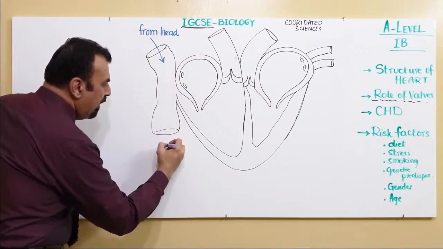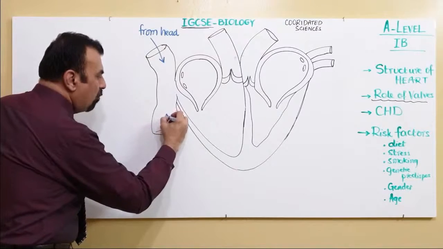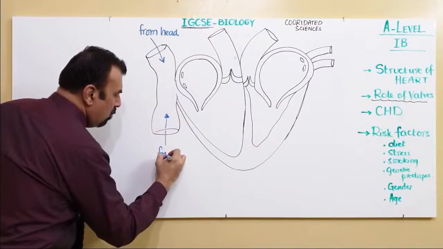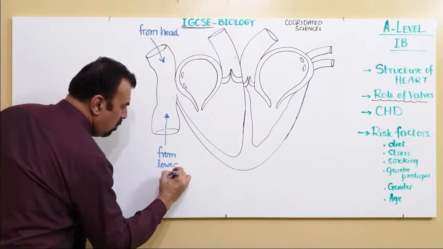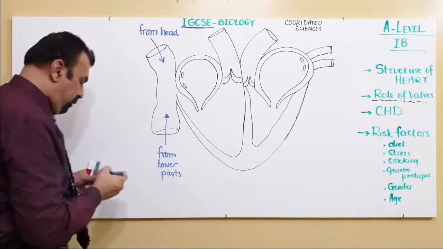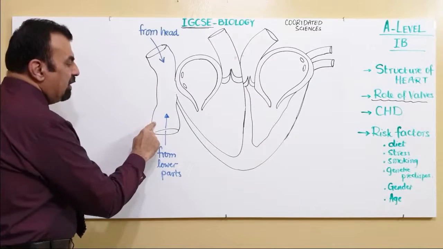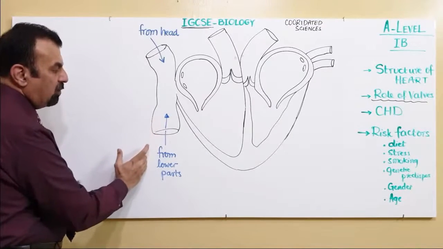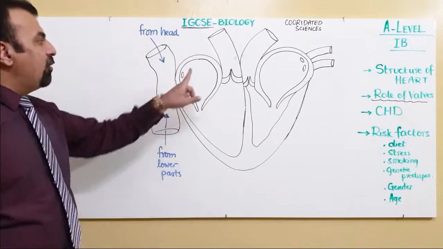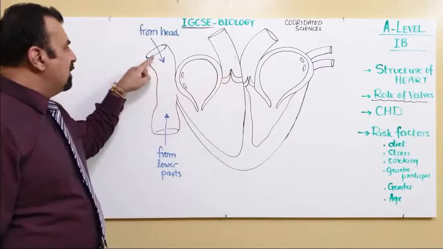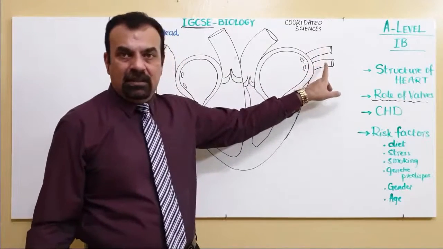And this is bringing the blood from the lower parts of the body. This blood vessel, which is bringing blood from the lower parts of the body, definitely is a vein. We already have said that atria are connected to the veins. It means that these are two veins.